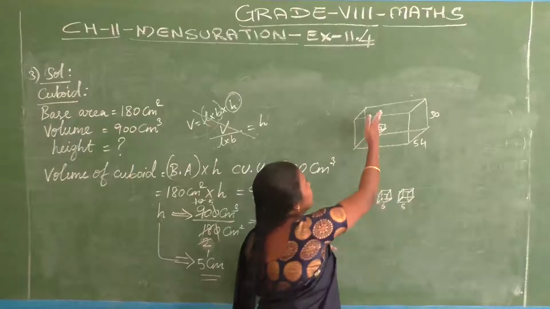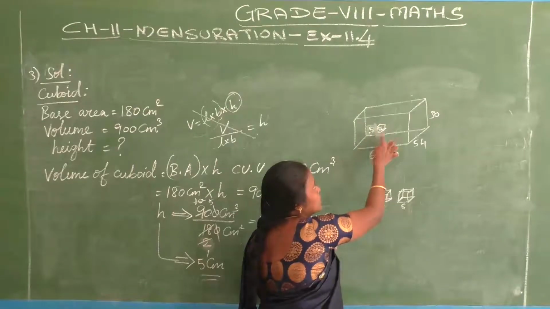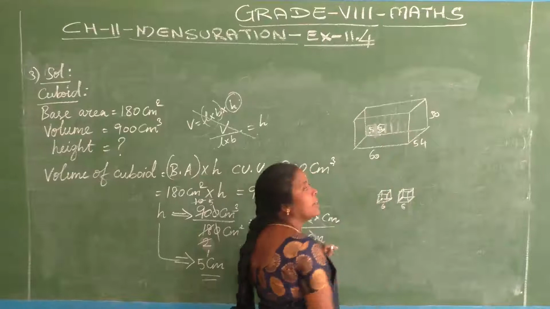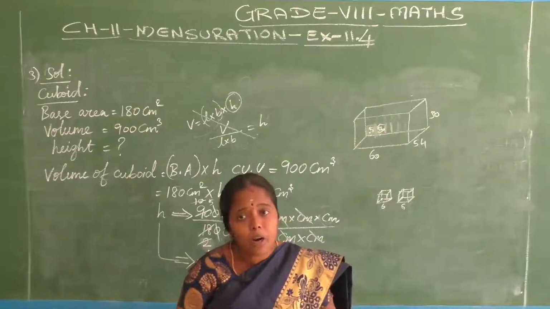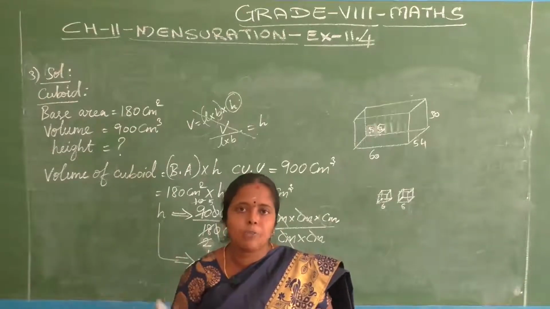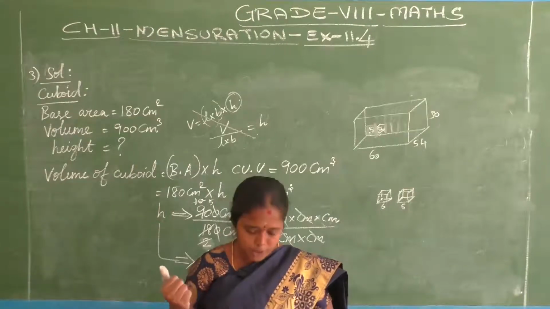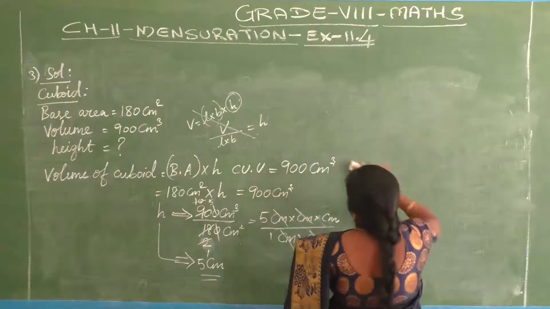After that, if you divide, for one smaller cube it occupies this much space, so we can guess how many cubes are required. So what we have to find? Volumes of the cuboid and cube. If you divide both, we will get the number of smaller cubes required here. Understood?